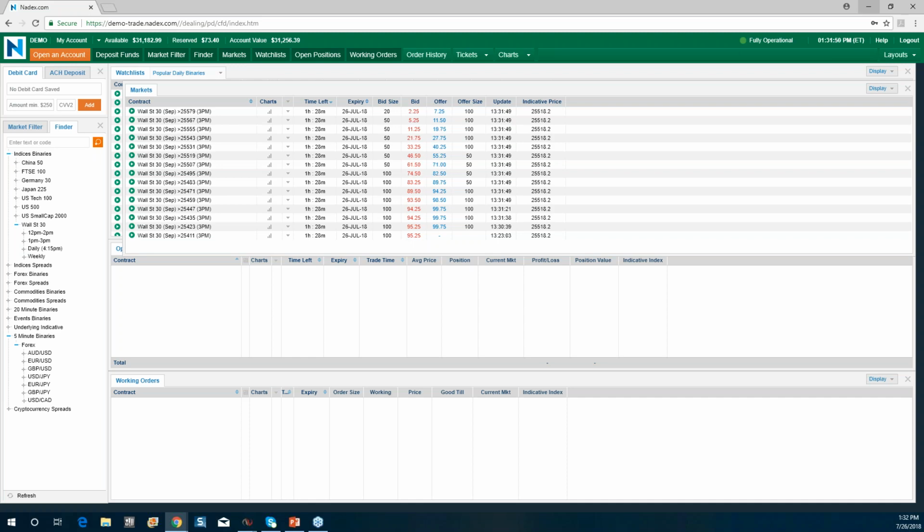I'm using this as a tool, as a filter, right, to help me figure out which one of all these different options available is going to be best for my strategy. How much time is left to expiration?